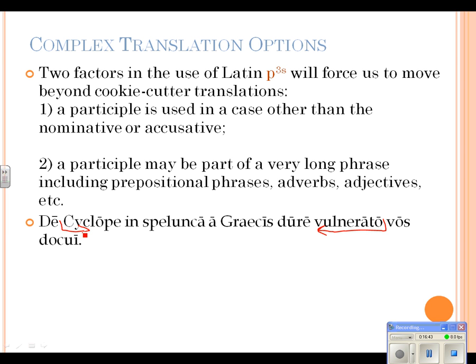However, I want you to notice how packed the space is, and this is really common Latin word order. We'll have the noun here, separated far away from the participle, and all kinds of modifiers stuffed in between: an adverb, an ablative of agent, a prepositional phrase that tells place where.